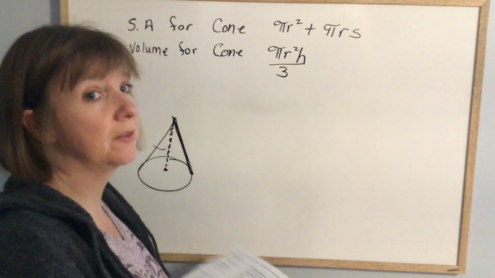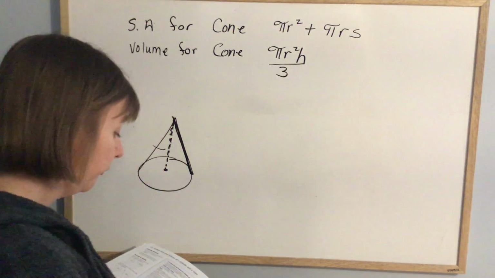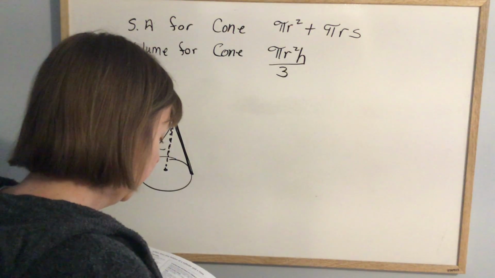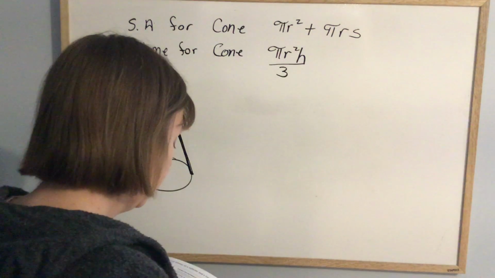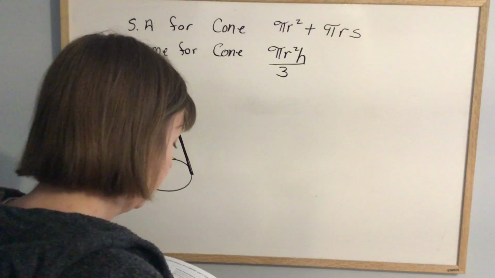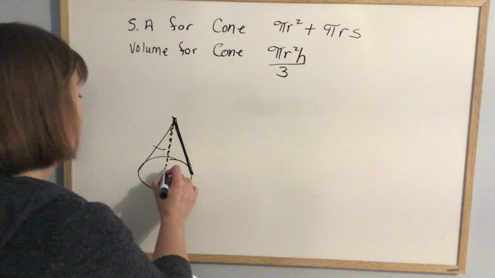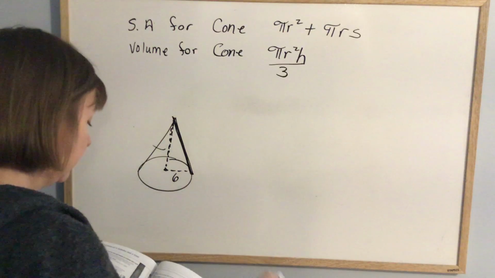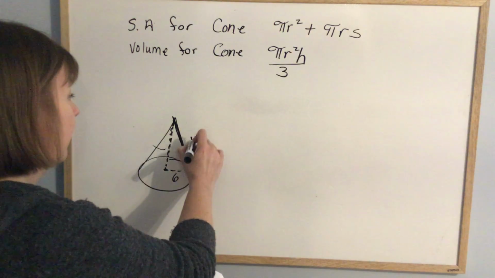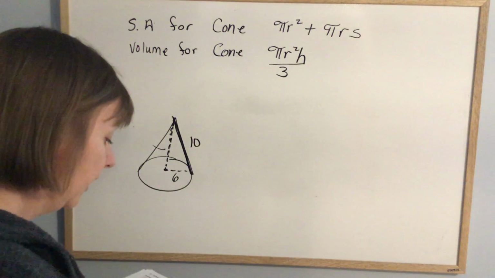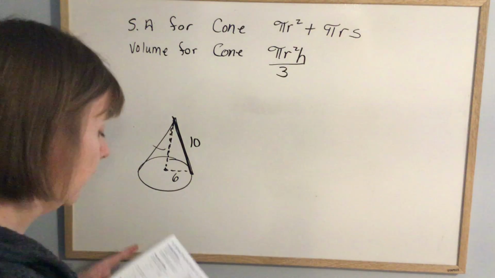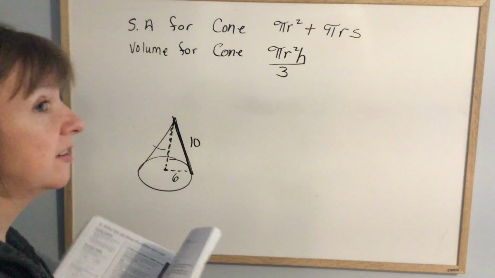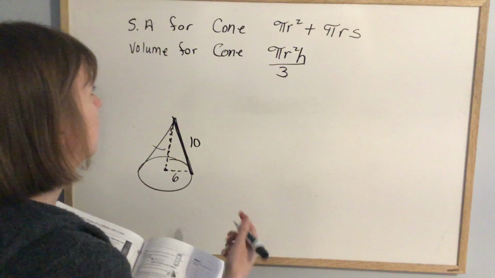So that brings us to example 3 and example 4. Example 3 gives us a cone, not a triangle, and it tells us that the radius is 6 and the slant height is 10, and they want to know the surface area to the nearest tenth. So I'm going to 1 decimal place.